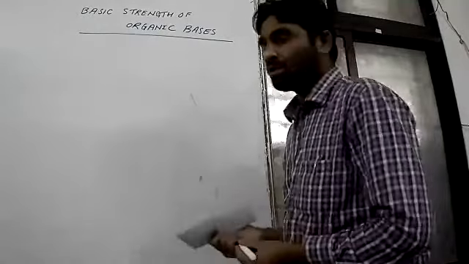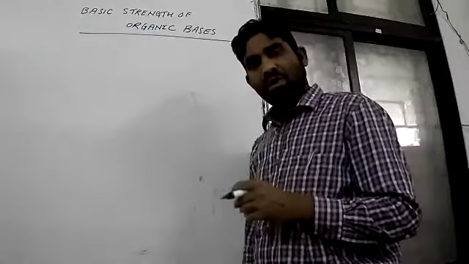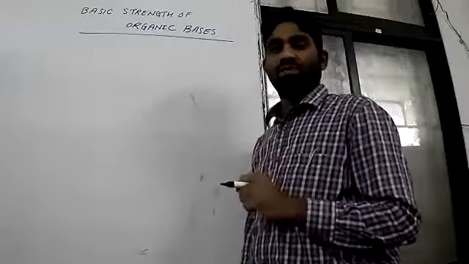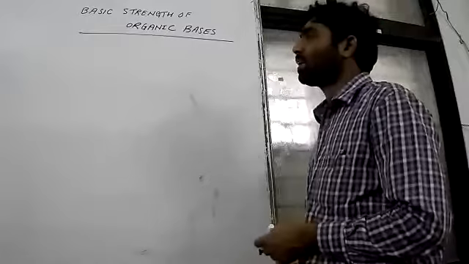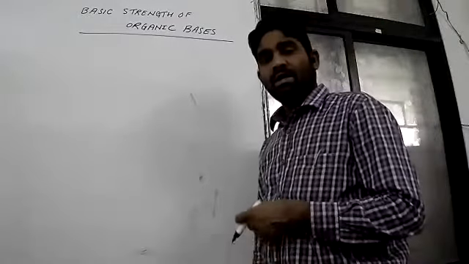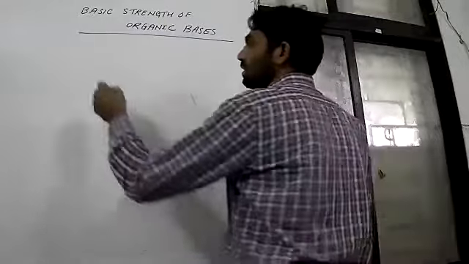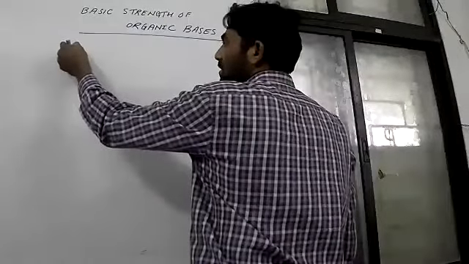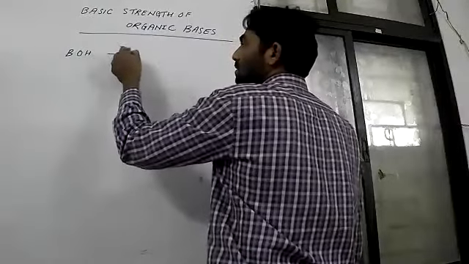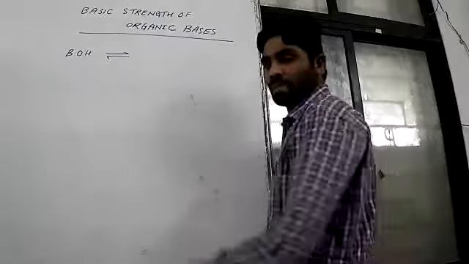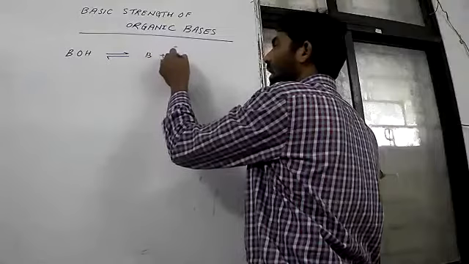If you go for the definition of base, we know that in chemistry there are many definitions of bases. One of them: a base is a substance which delivers OH minus ions in aqueous solution.